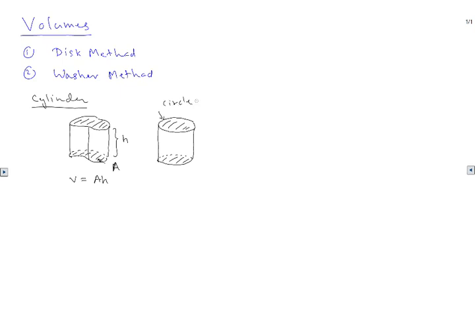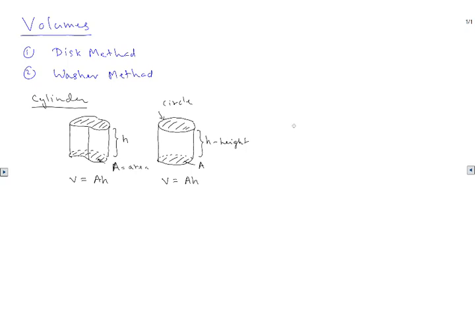The same thing applies, the height and the base area. So the volume is base times height, A is the area, and this is the height. So then we have this type, and then we can have another cylinder.